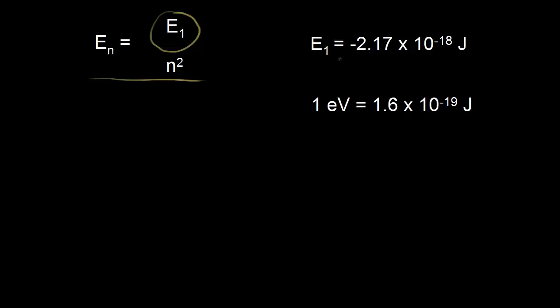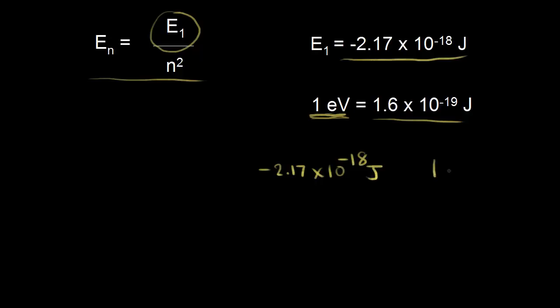And we calculated the value for that energy to be equal to negative 2.17 times 10 to the negative 18 joules. And let's go ahead and convert that into electron volts. It just makes numbers easier to work with. And so 1 electron volt is equal to 1.6 times 10 to the negative 19 joules. So if I take negative 2.17 times 10 to the negative 18 joules, I know that for every 1 electron volt, right, 1 electron volt is equal to 1.6 times 10 to the negative 19 joules.